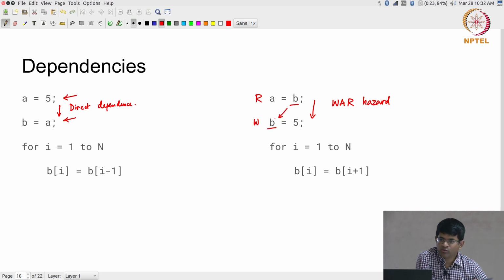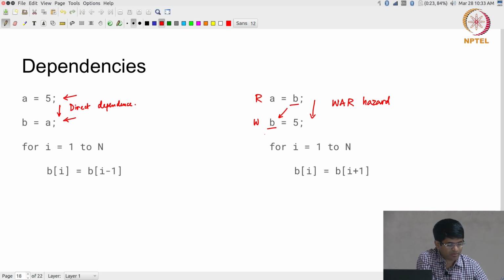Now, interestingly enough, you might feel that both of them are the same. After all, I wanted to take the old value of B, I want to make sure of that before I update the value of B. But it turns out that you can actually do a certain kind of compiler transformation which effectively says don't update the value of B. Effectively, when I assign B is equal to 5 over here, it means that the old value of B is completely gone, I am never using it again.